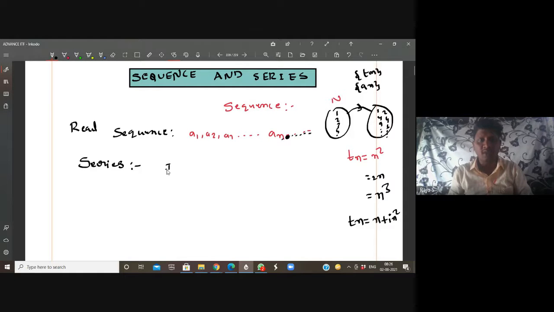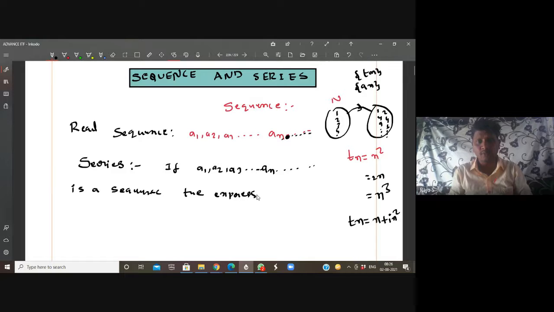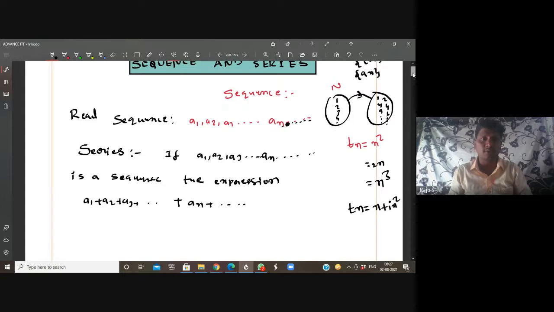See here, if I take the same A1, A2, A3, and so on, An, and so on, as a sequence, then the expression A1 plus A2 plus A3 plus and so on plus An plus and so on is called the series.